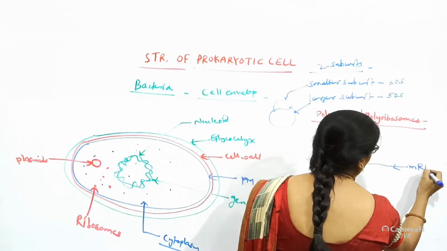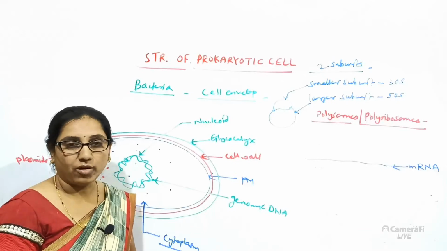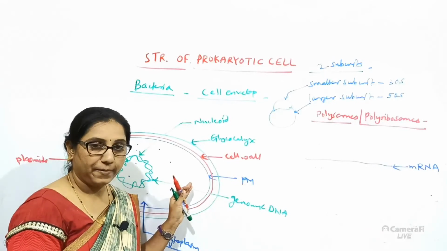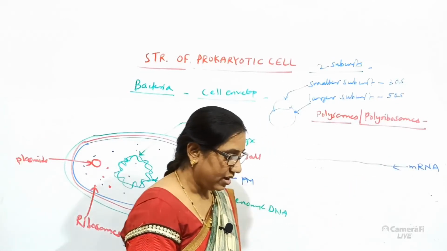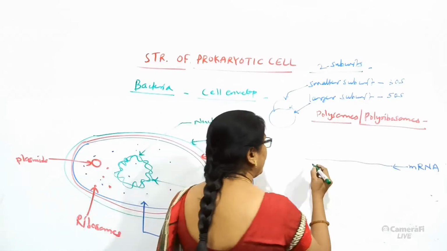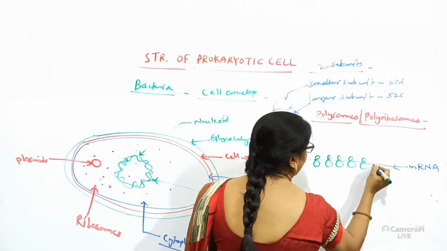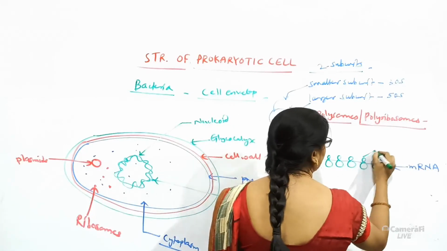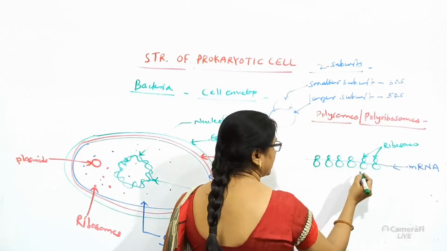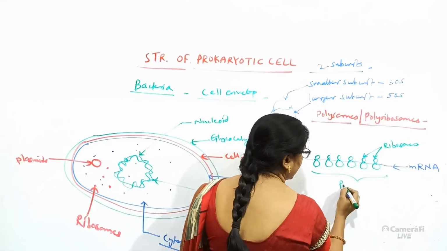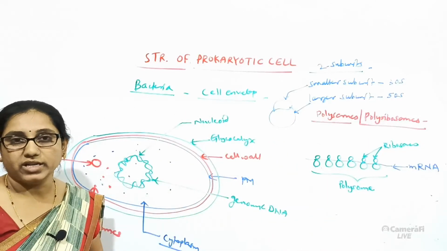This is the mRNA. mRNA means messenger RNA, which carries a message from DNA for the process of protein synthesis. When many ribosomes are attached to the string of mRNA, this entire structure is called a polysome, or a polyribosome.